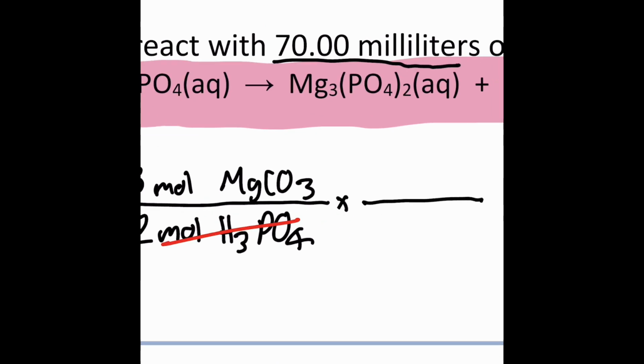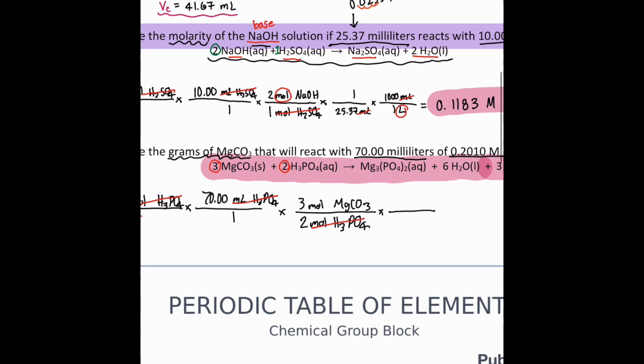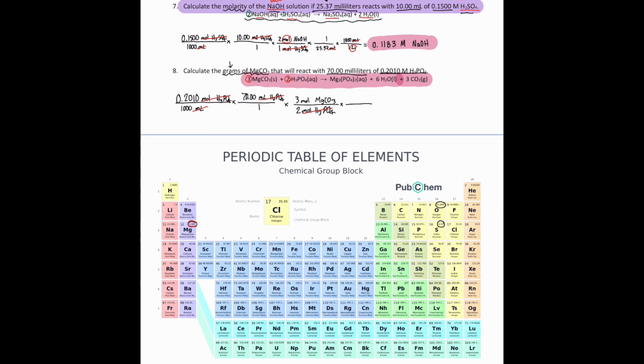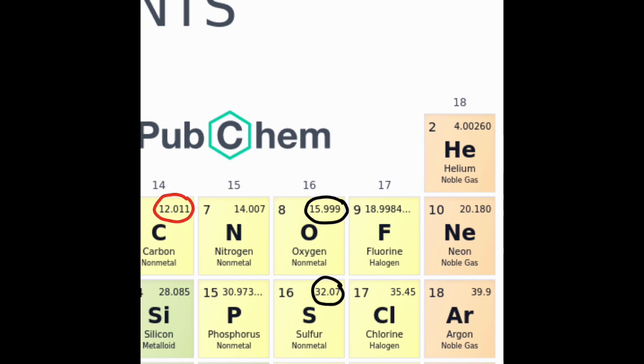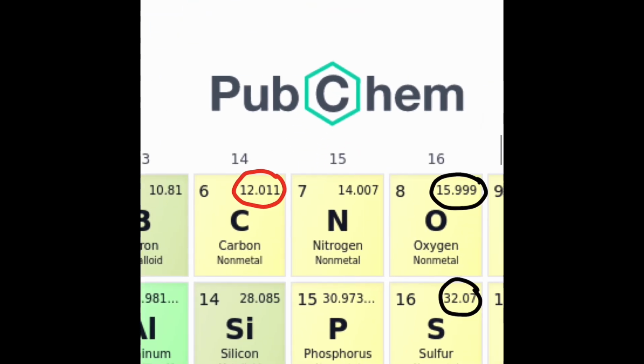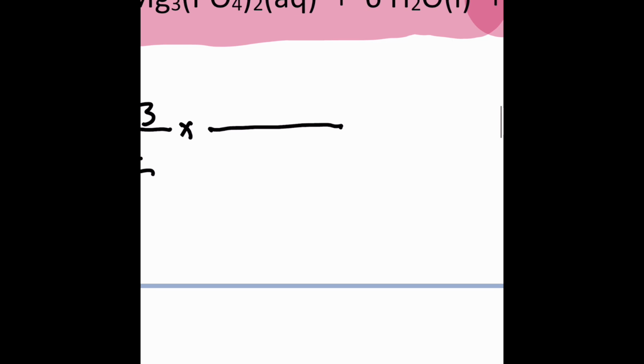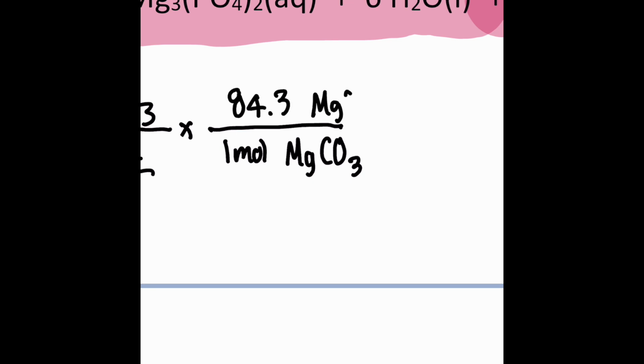Now we are left in units of moles of magnesium carbonate, but we need to take this one more step because we want to solve for the mass, the grams, of magnesium carbonate. Once again, we utilize our periodic table to solve for our molar mass. That's 24.3 for magnesium, plus essentially 12 for our carbon, plus 3 times this 16 value for our oxygen. So for every 1 mole of our MgCO3, we are given 84.3 grams of our magnesium carbonate.